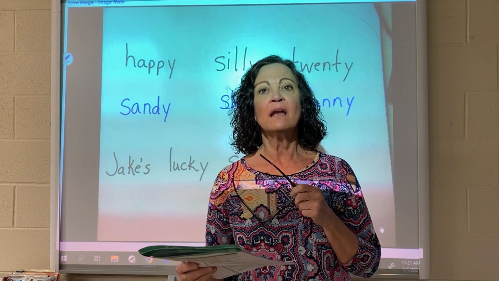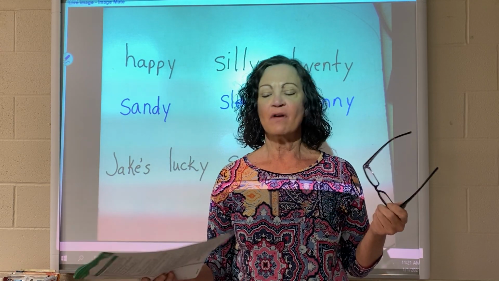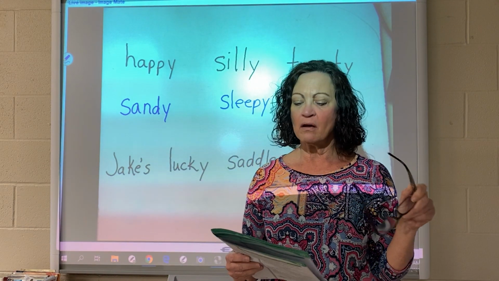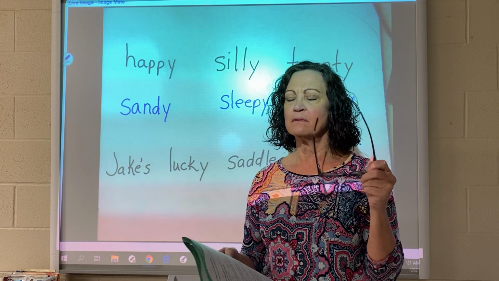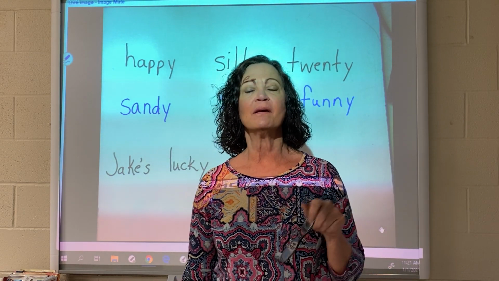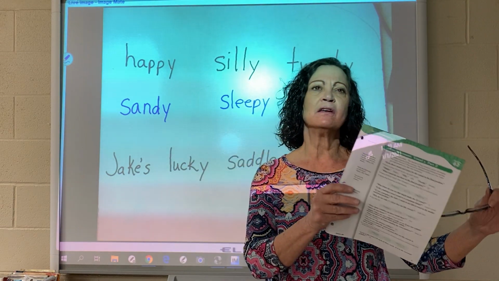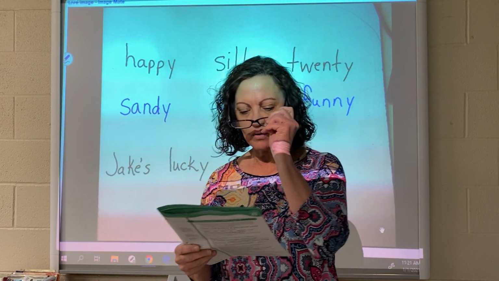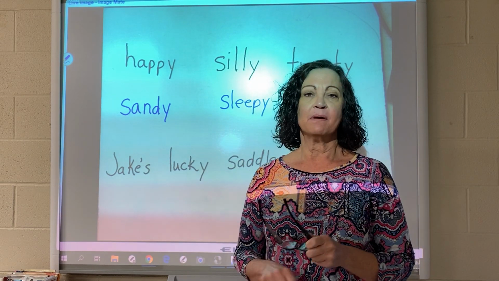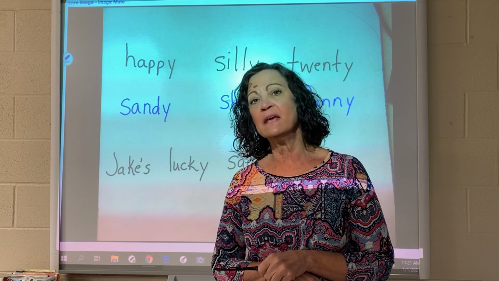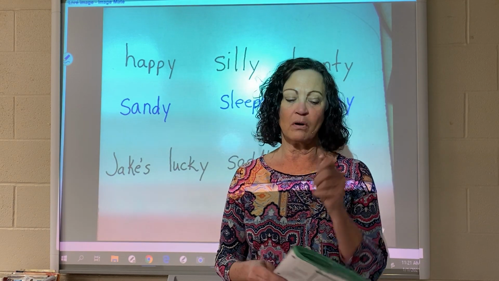If I take the sl off, I have I. Most one-vowel, one-syllable words, when you take the blend off, are not going to be a word. It's not going to make any sense. For example, skim. If I take the sk off of skim, I have M left. M is not a word.